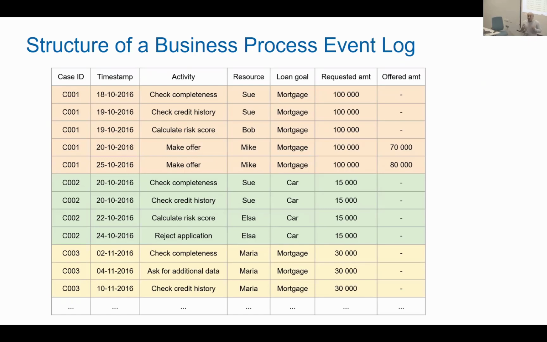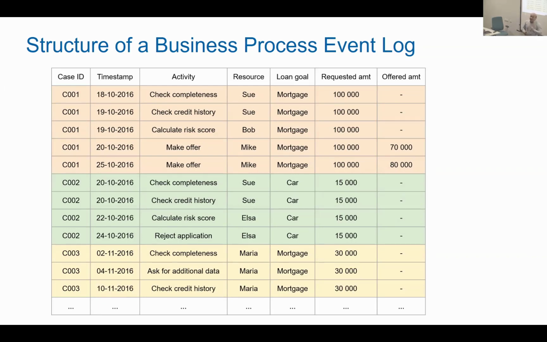From the databases of these systems where the bank records every single application for a loan that a customer has made, we can extract a data set, we call it a data frame, that captures every step in the execution of the loan application handling process. This table takes the following shape.